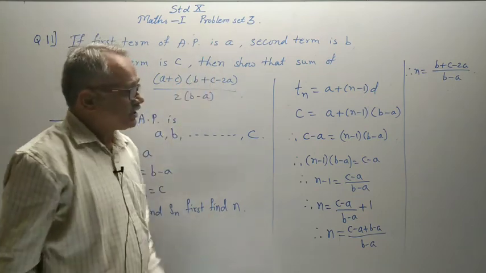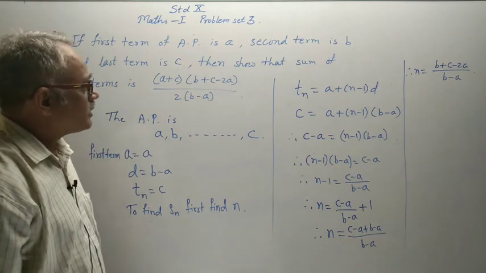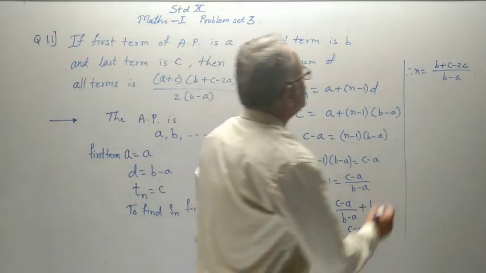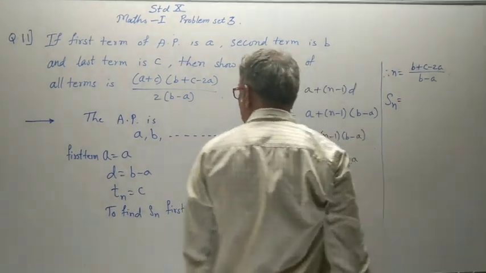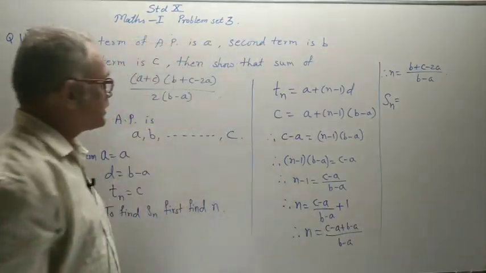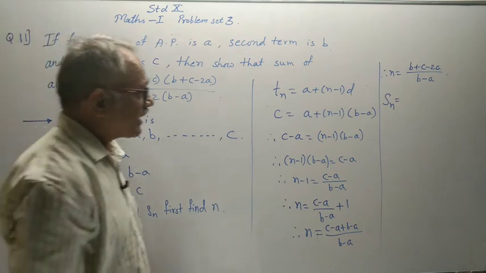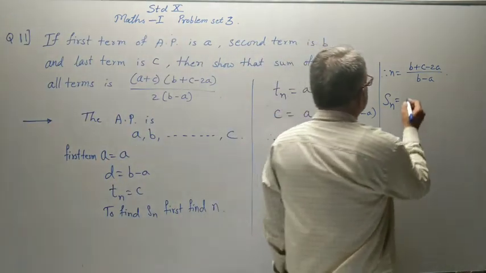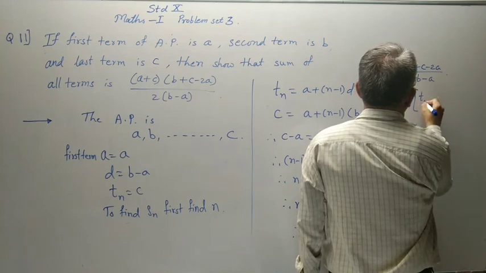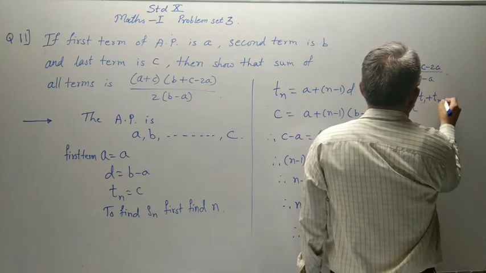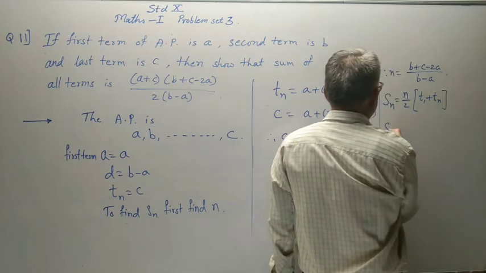That value we got. Now use the formula. Sn is equal to, there are two formulas, n by 2 bracket T1 plus Tn, first term plus last term; that we will use, that is easy.